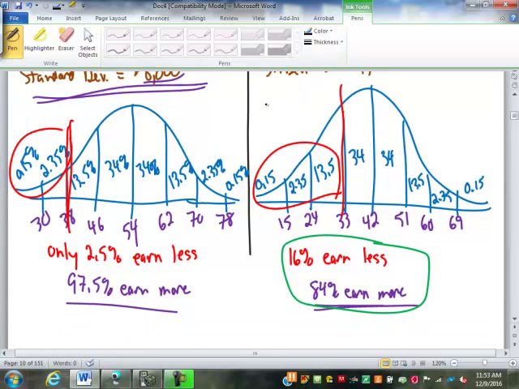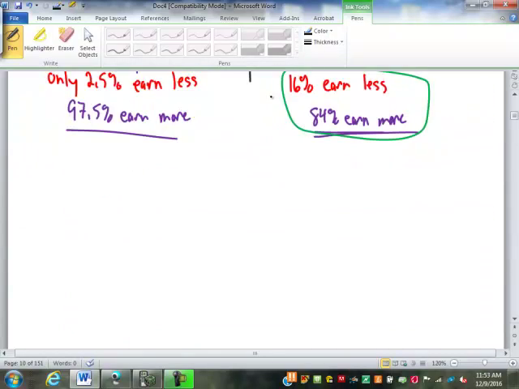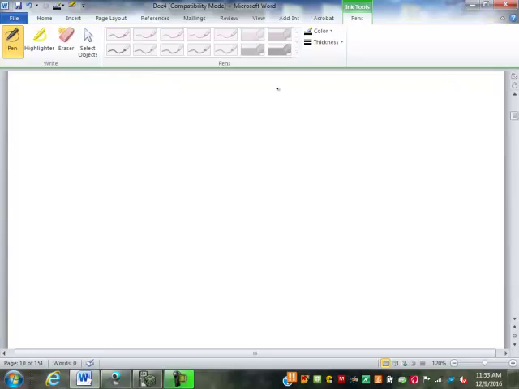Now, another example I like to use in more of an everyday life type situation. So let's say you do pick your job and you're going to make a move and you're looking at houses. Looking at 3-bedroom, 2-bath homes.